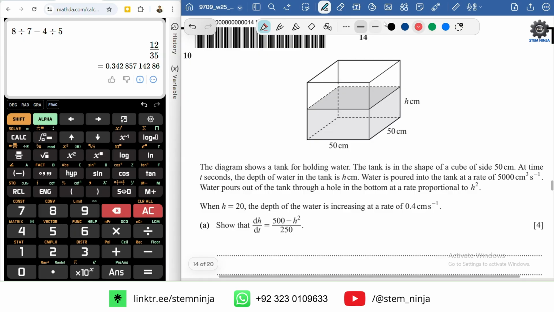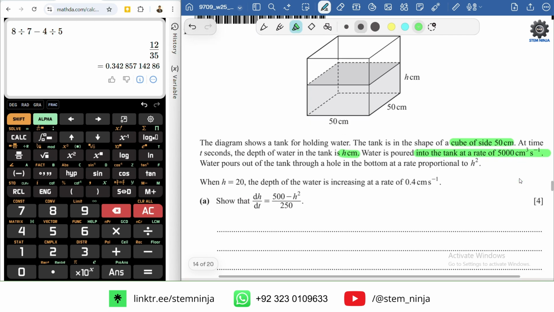Question number 10. The diagram shows a tank for holding water. The tank is in the shape of a cube of side 50 centimeter. At the time t seconds, the depth of the water is h centimeter. Water is poured into the tank at a rate of 5,000 centimeter cube per second.